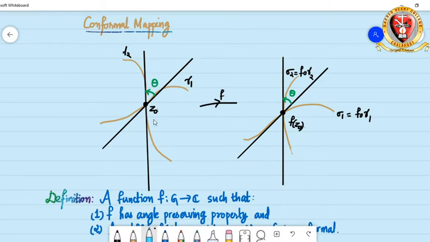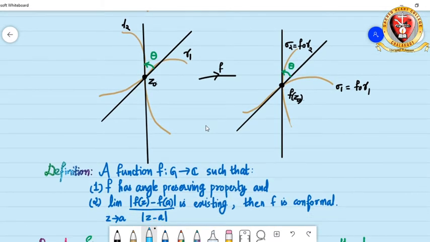The corresponding smooth curves or paths are mapped to smooth paths in the image set, and we consider the tangent lines at the point of intersection, which is f of z naught; in the domain it will be z naught. Then you have an angle there, and we say that if both the angles are the same, then the function is conformal at that point z naught.